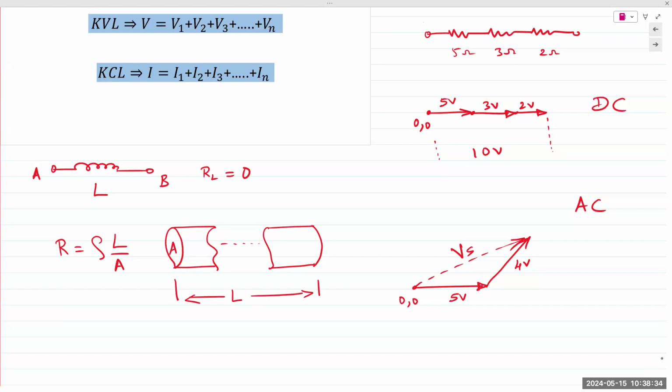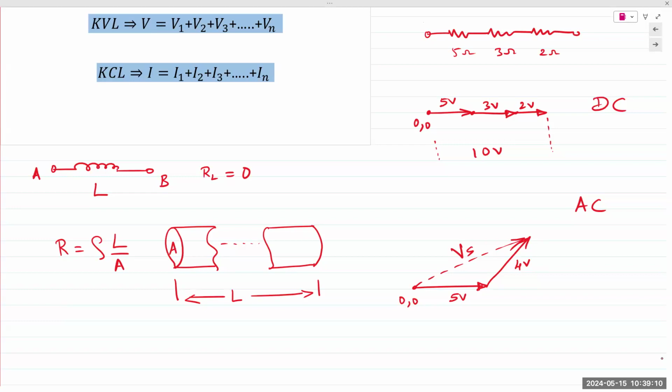Resistance is directly proportional to L, inversely proportional to A. Meaning the longer the wire, the higher the resistance. The thinner the wire, the higher the resistance. So if you have an inductor made out of very thin wire in a large number of turns, then the resistance would increase proportionally. If you remember chapter 3, I showed you examples, like a small inductor which had a high number of turns.